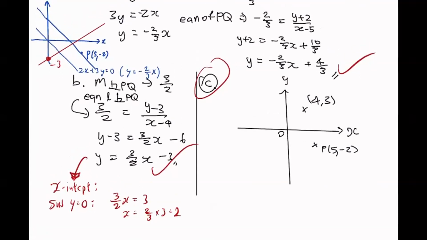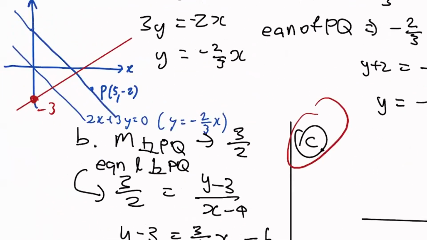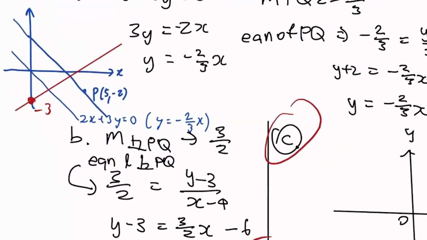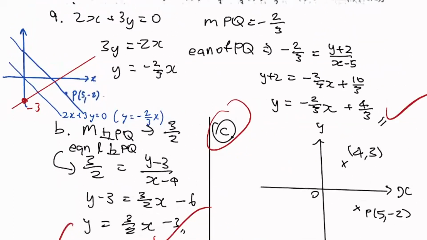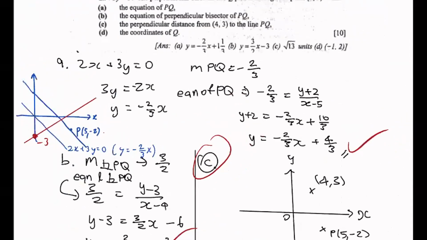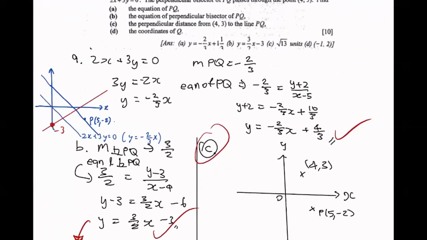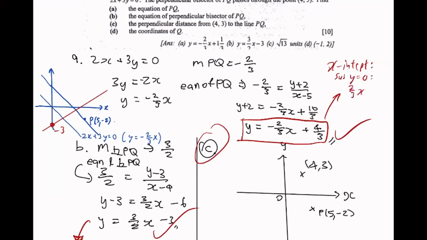So it passes through 2 comma 0. How about the original equation here? What's the x-intercept? Also, we can draw a more accurate picture. Sub y equal to 0 to find the x-intercept. You end up with 2/3 x equals 4/3. So x must be equal to 2.